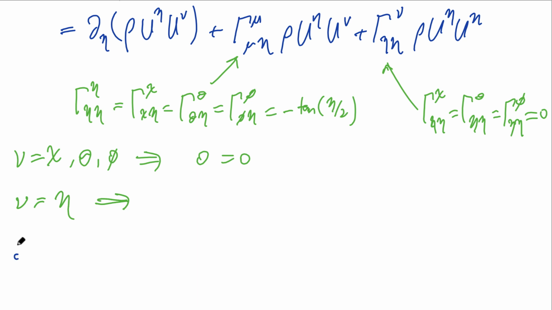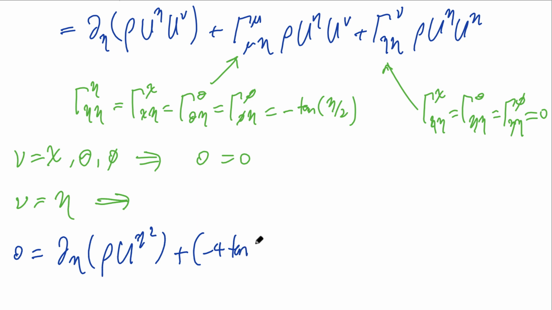And we obtain 0 equals partial eta of rho u eta squared plus gamma mu mu eta, which is the sum of all these Christoffel symbols, so that's minus 4 tangent of eta over 2 times rho u eta squared.